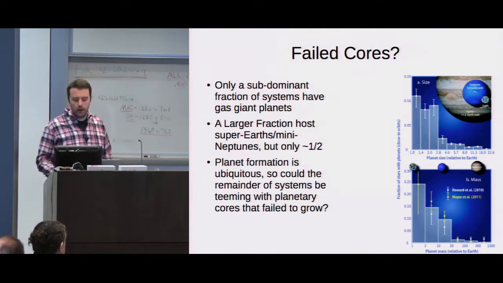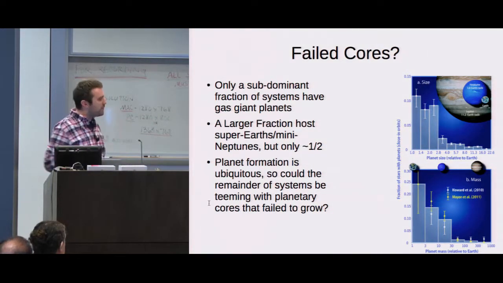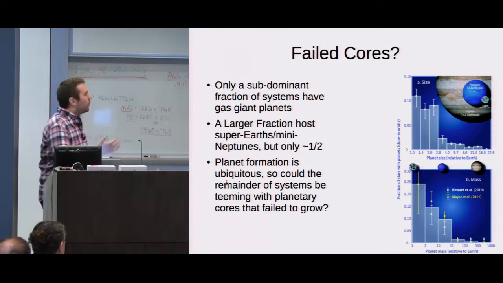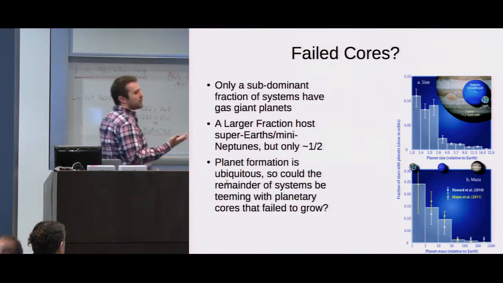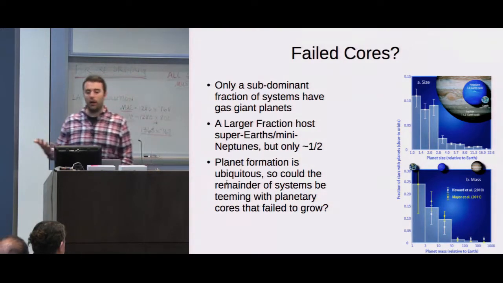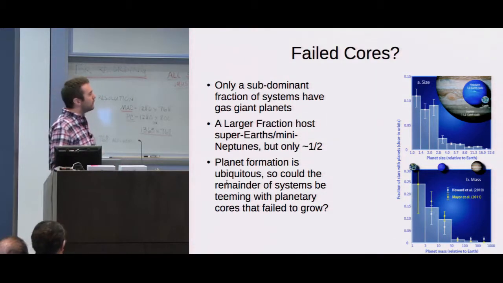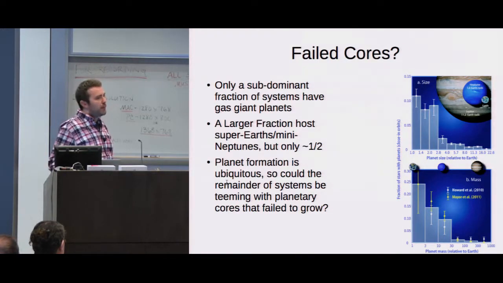If they don't, then that critical mass is about Neptune mass. We know that most systems don't have gas giants like those in the solar system, so if the core accretion, at least the beginning stages of it, is efficient, then we'd expect a large number of objects below Neptune mass which didn't make it to become gas giants.